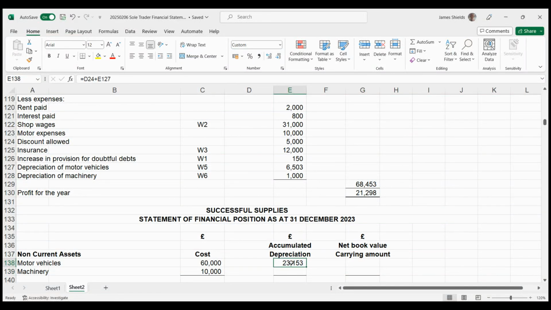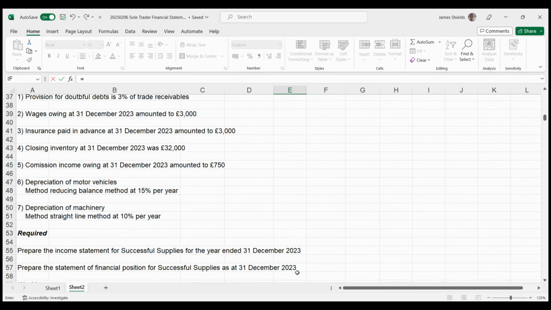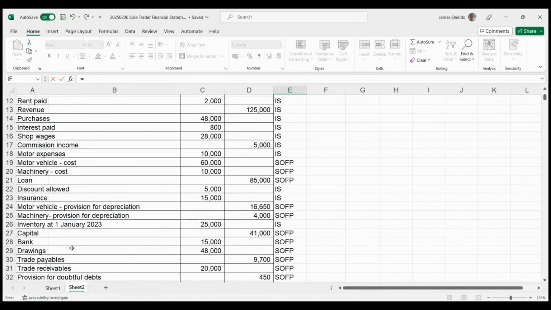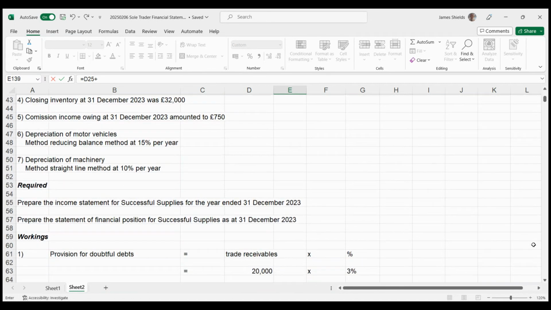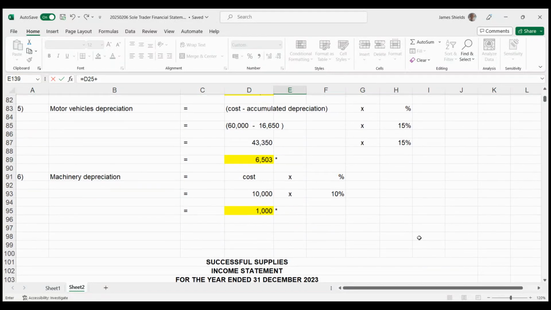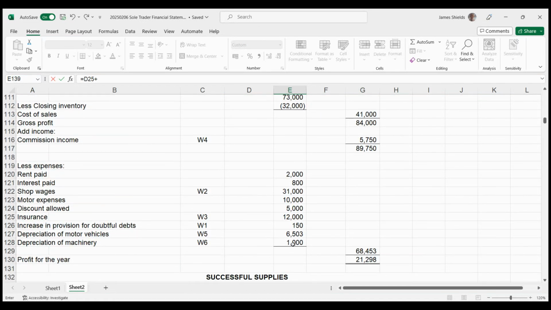And that gives us a total of £23,153. Machinery, again, you go to your trial balance. Machinery provision for depreciation is £4,000. Then you add on the machinery depreciation in your income statement, which we worked out as £1,000, you can see it there. But again, you'll see it in the income statement. It's there.